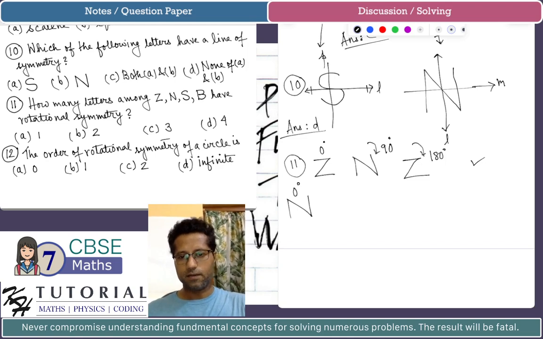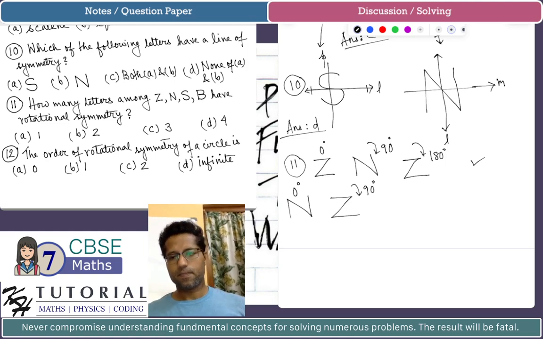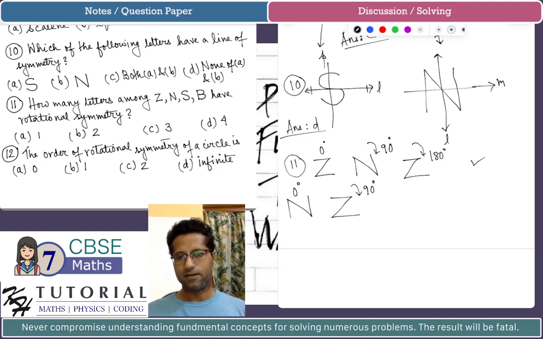If I rotate the letter N 90 degrees clockwise, it will look like Z, which is not looking like N. Now, if I rotate the letter N 180 degrees clockwise, it will definitely look like the letter N itself.